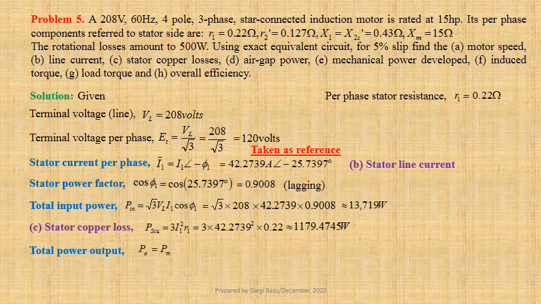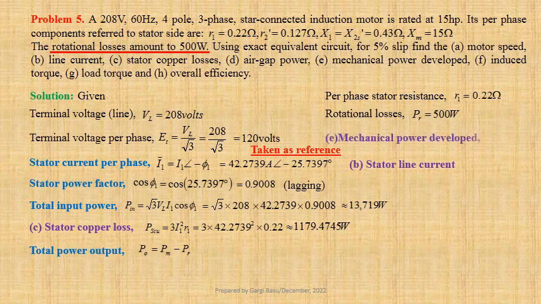PO equals PM minus PR, given rotational losses PR equals 500 watts. We have computed mechanical power developed PM equals 11,903 watts. Therefore, PO equals 11,903 minus 500, that gives us 11,403 watts.